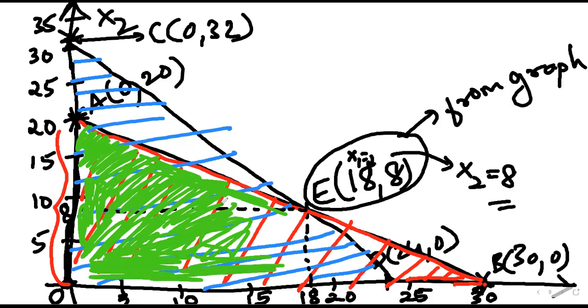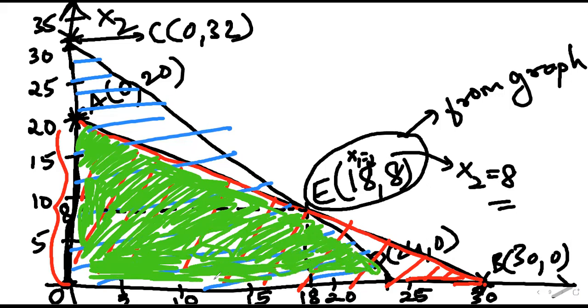By whatever method you have obtained the x1 and x2 values, you can use it for cross verification. You can cross verify using that particular method, but the graph has to be determined.